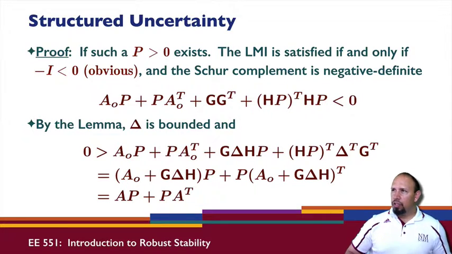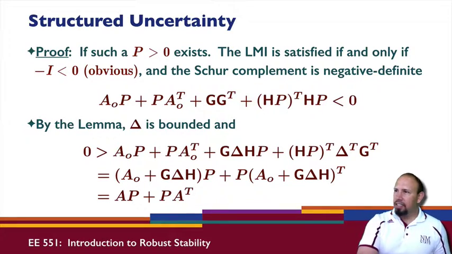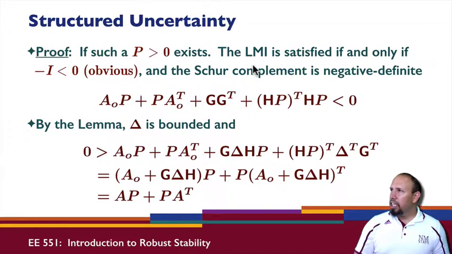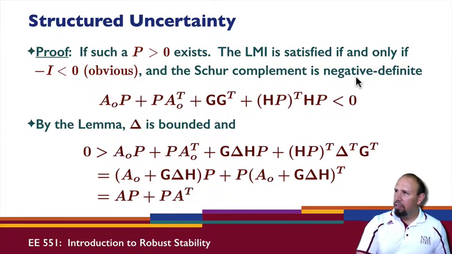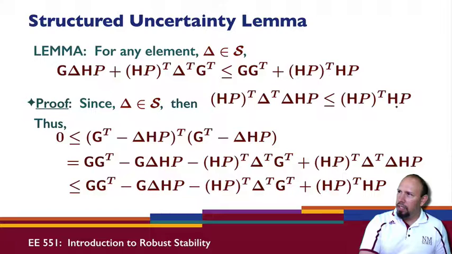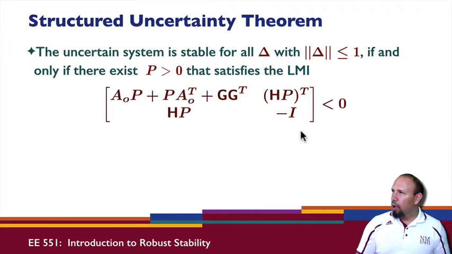Okay, suppose that such a P exists. Then the linear matrix inequality is satisfied if and only if, first of all, negative I is negative definite, which is obvious, and the Schur complement is negative definite. Okay, so the Schur complement of this inequality.